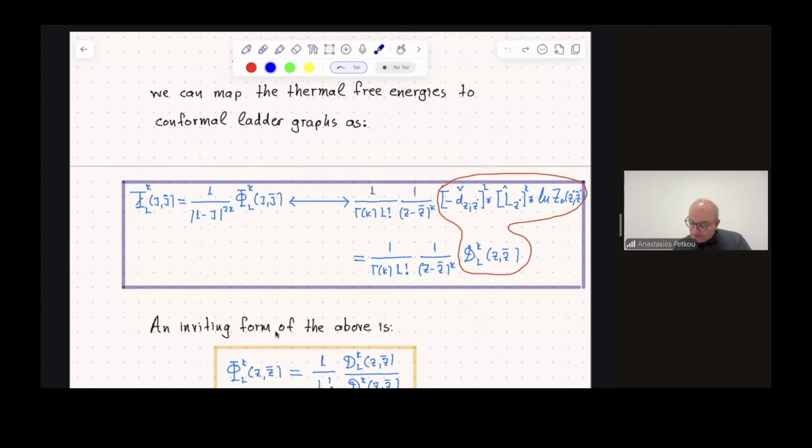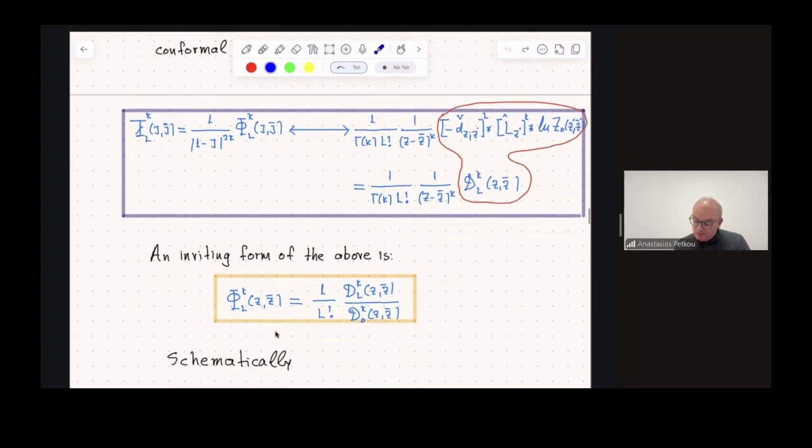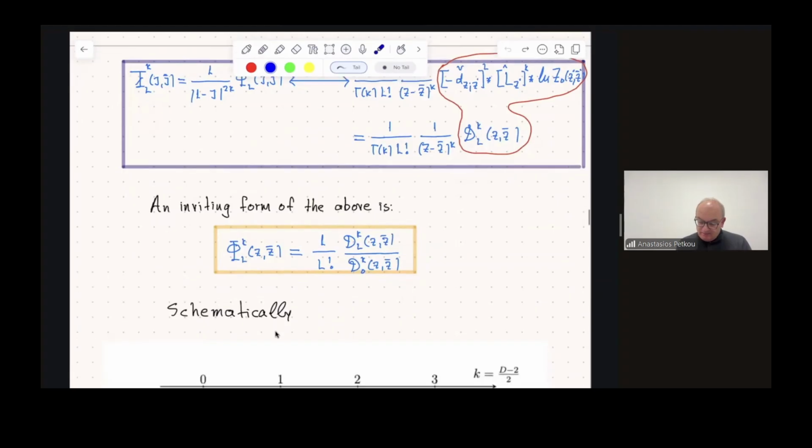On the other hand, I have something that I get from log z0 acting k times with this operator and L times with the integral operator. Okay, I divide by this thing here. So this k times and L times acting on the partition, on the free energy of the quantum mechanical model, is my definition of this thing, which is called calligraphic D L k, right? So they are exactly the same.